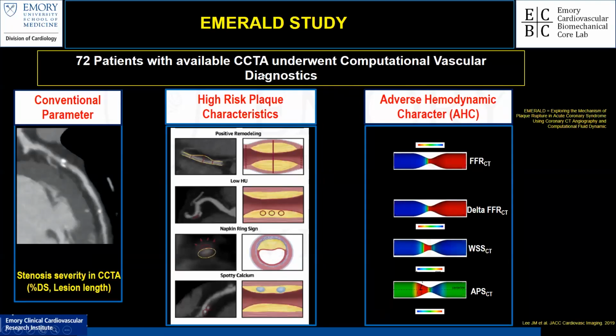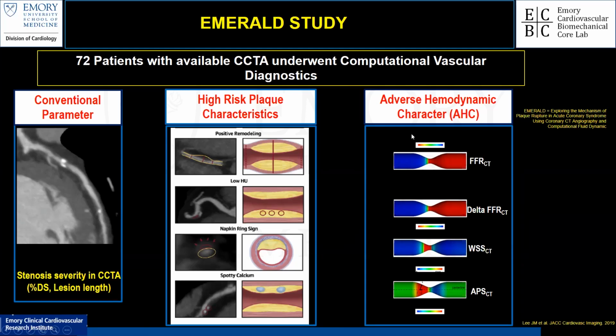In the EMERALD study, 72 patients with available CCTA underwent computational vascular diagnostics. Atherosclerotic lesions were characterized using conventional anatomical parameters such as diameter stenosis and lesion length, and then high-risk plaque features like positive remodeling, low attenuation plaque, napkin ring sign, and spotty calcium.